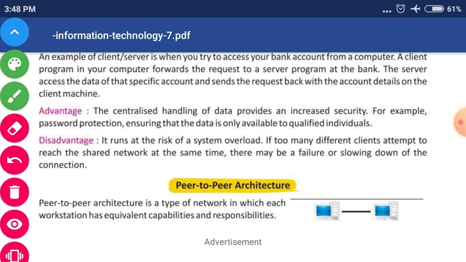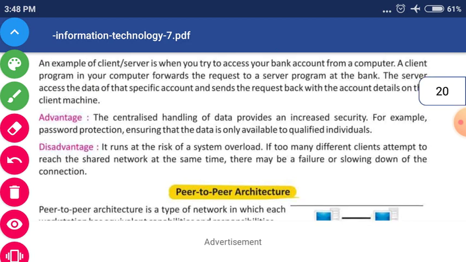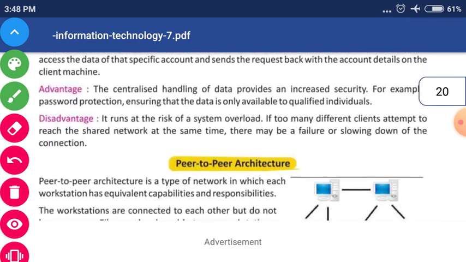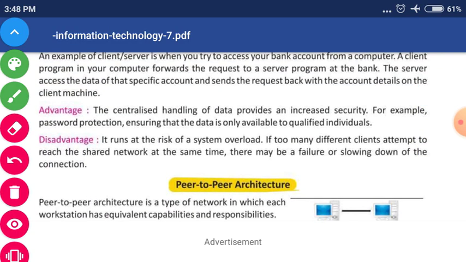The advantage of client server architecture is that, in centralized handling of data, it provides increased security and data protection, and data is only available for qualified candidates.